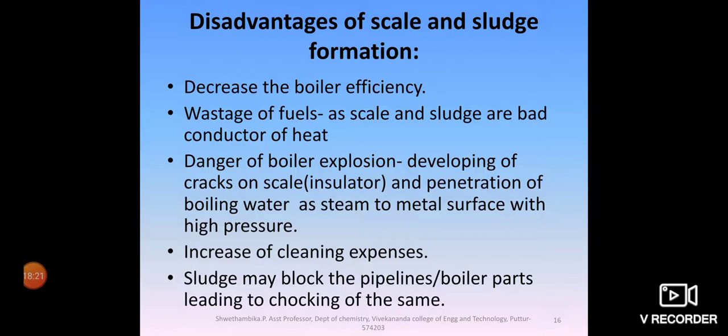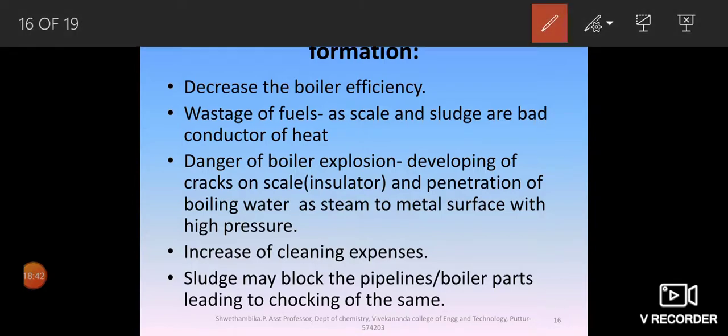This is an extreme case of scale and sludge formation problem. Actually what happens there is, the scale continuously deposits on the boiler wall and becomes thick. Now if you continuously heat, that is a very bad conductor of heat, or I can almost call it an insulator. Now this insulator slowly would develop some cracks in the structure.